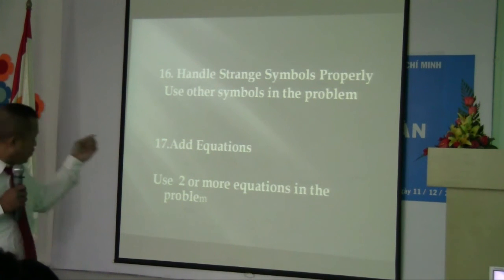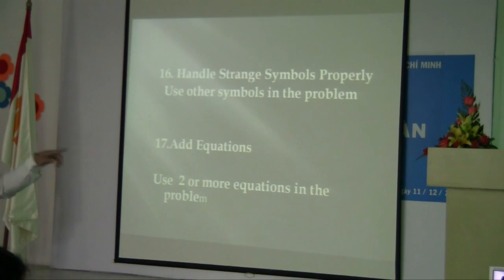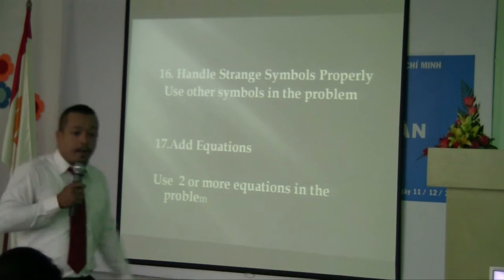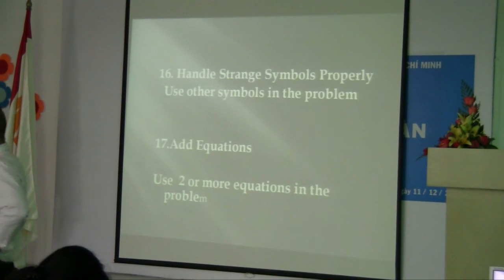I think we have this already in our daily IBT math book. Sometimes they use 3 plus square is equal to 6. The square is equal to what? This is for number 16. And add equations. Equations are also common to all the problems in mathematics.